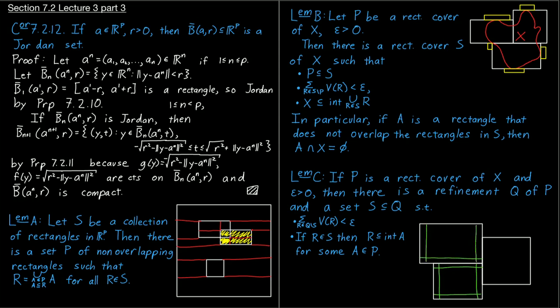For rectangles in 2 dimensions, we chop off thin bits near the edges. And then S is these 3 rectangles, these big rectangles in the middle, and notice they're contained in the interior, and the leftover bits, the rest of the rectangles, don't have very much total volume.